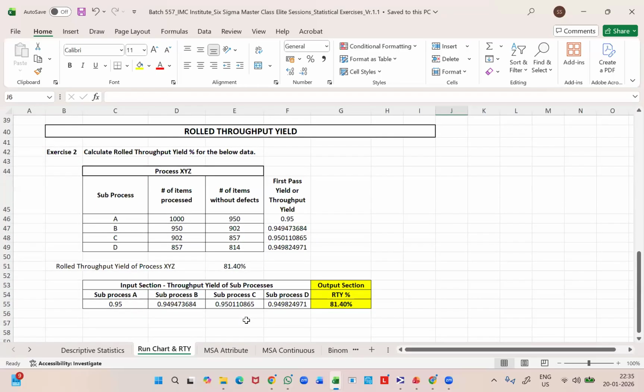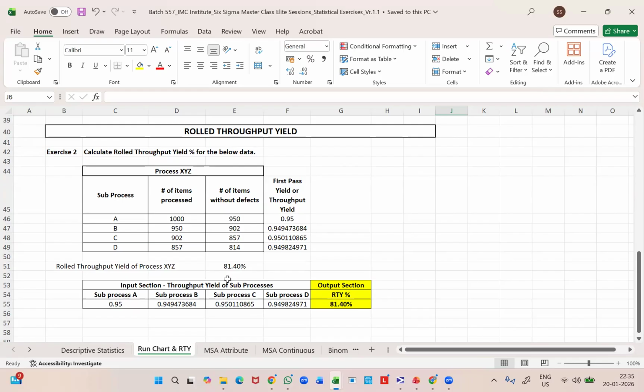So they would have given the throughput yield values or the first pass yield values in percentage. So what we need to do, as I told you, is convert those percentage values into decimals and simply multiply them to arrive at the rolled throughput yield in decimal, and that decimal RTY value can be converted into a percentage.